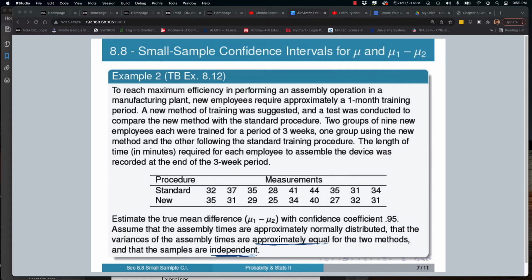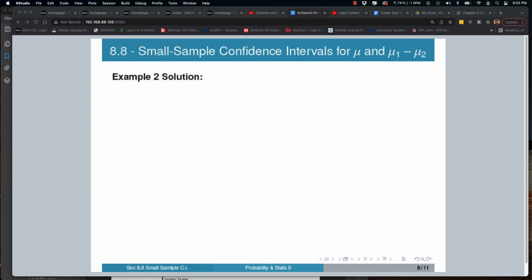I will skip over showing you where to get the mean and standard deviations from. So from R, when I did this, I got the y bar for the first group, the standard group, equal to 35.22. And for the other group, the new procedure, y bar sub 2 was 31.56.